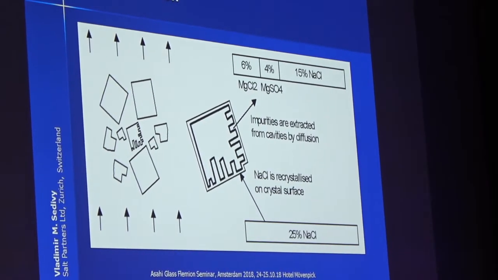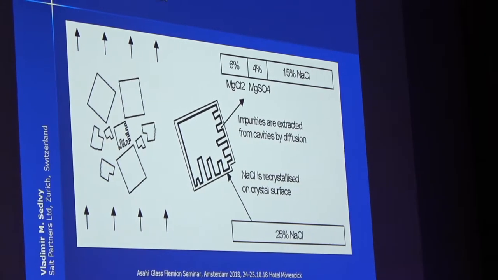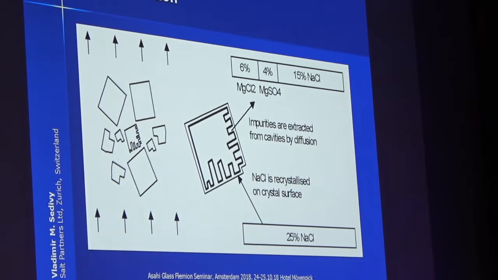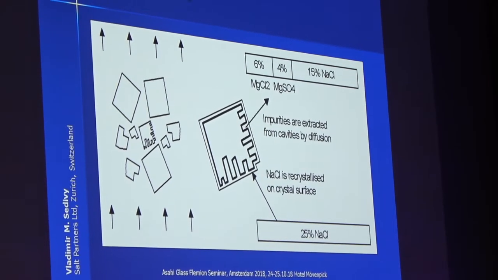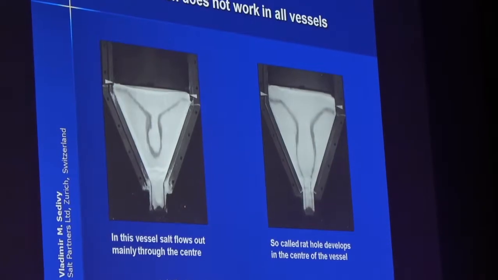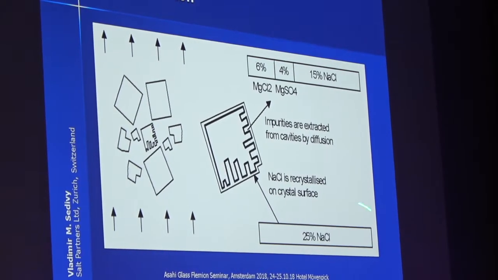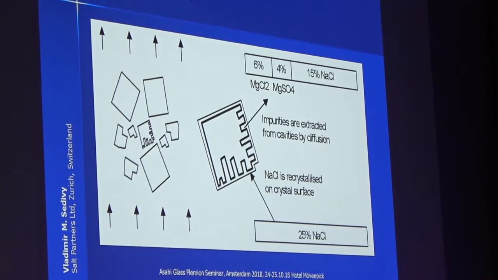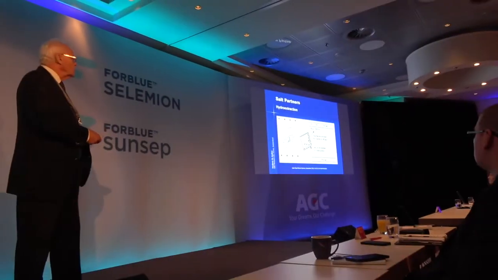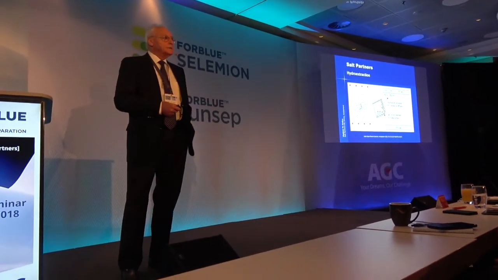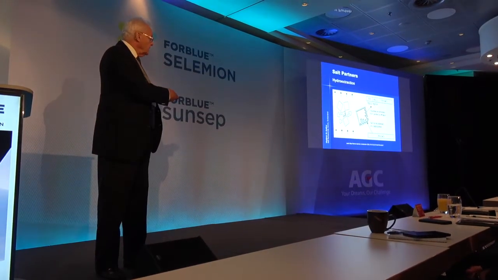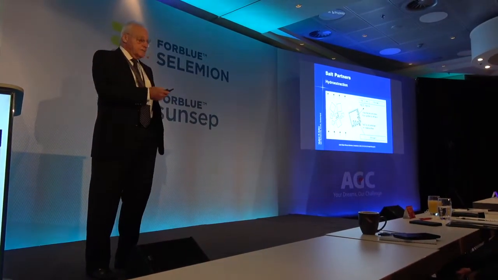It has cavities and crevices, and given sufficient residence time, we can remove impurities from these crevices by diffusion. Of course, this only works if we are using pure brine, and at the top of the hydroextractor we have a mixture of sodium chloride, magnesium sulfate, and the extent of purification of the salt crystal is very high.